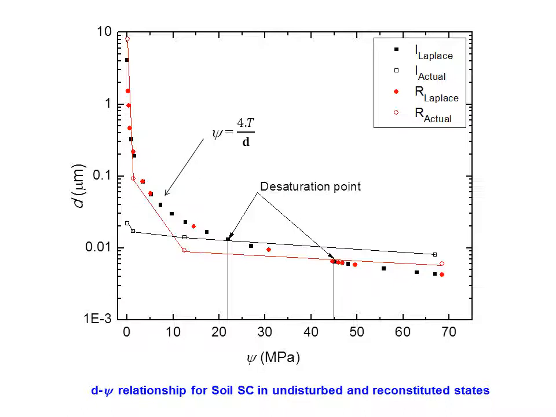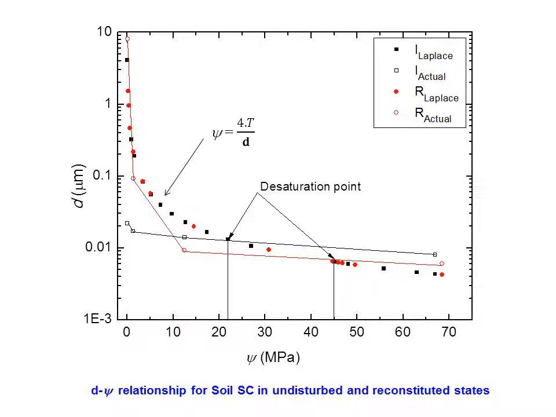So now if we try to superimpose the experimentally obtained dominant pore diameter and the experimentally obtained suction for the intact and reconstituted samples, these data points represent the dominant pore diameter suction relationship for intact samples, whereas these data points represent the dominant pore diameter suction relationship for reconstituted samples. What we can observe is for samples I1, I2 and I3, which represent the initial stage and intermediate stages during drying, for intact samples the data points are below the curve given by the Laplace equation.